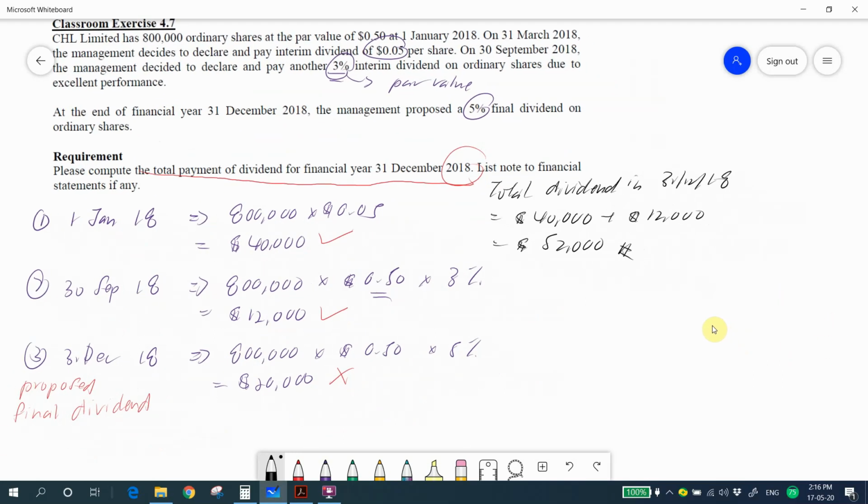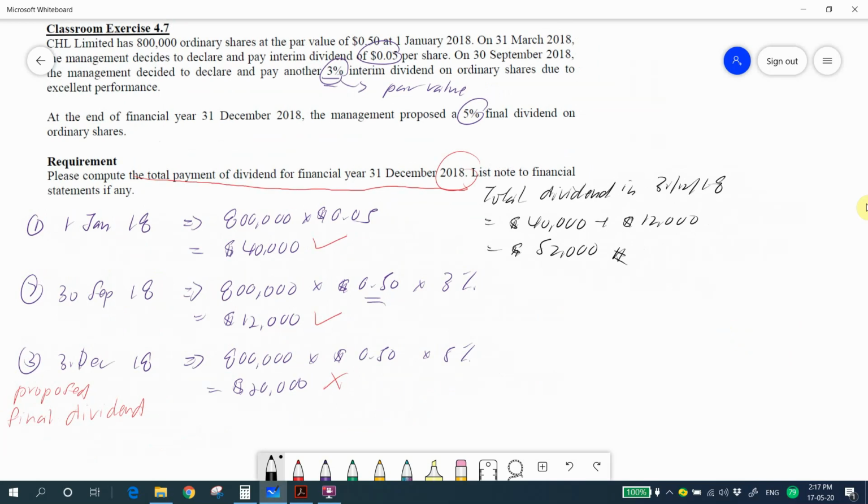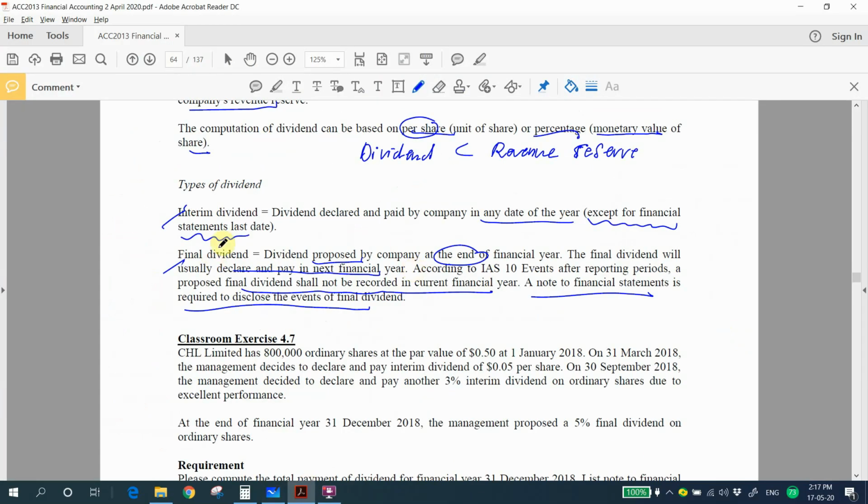And then the question also mentioned that we have to list down the notes to the financial statement, if any. So according to our textbook, for final dividend, you no need record in the account. However, you need to include this information in the notes to financial statement to disclose the event of final dividend.